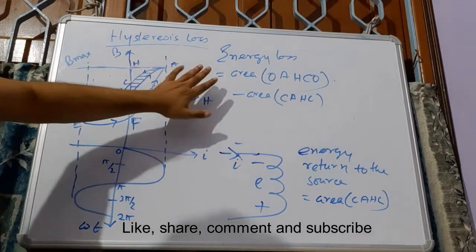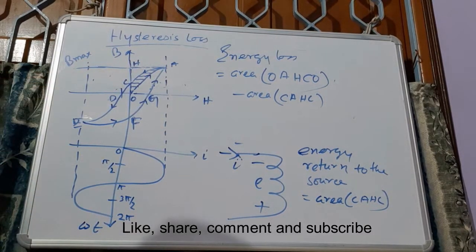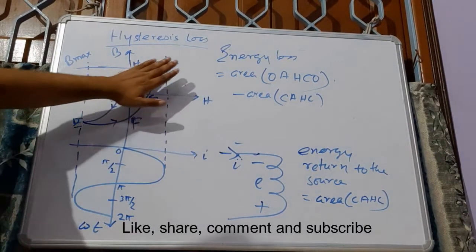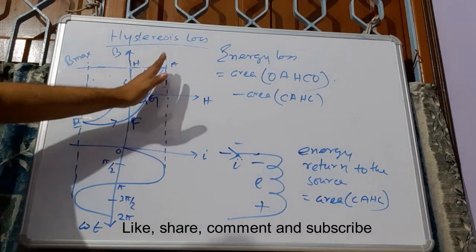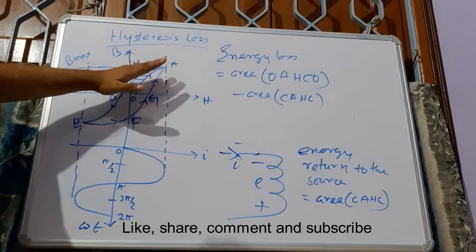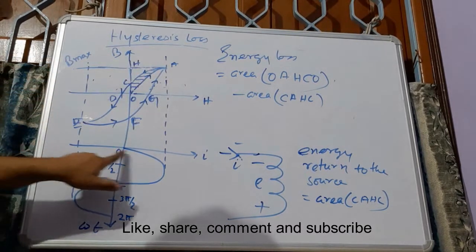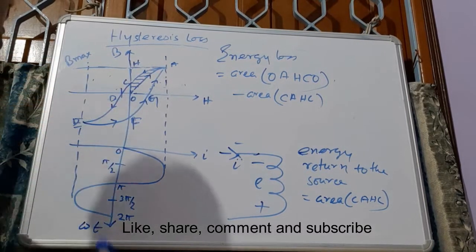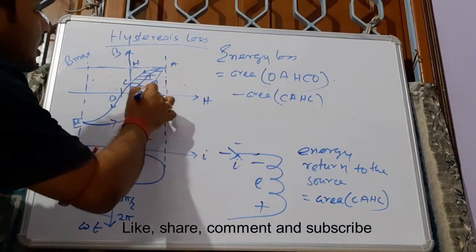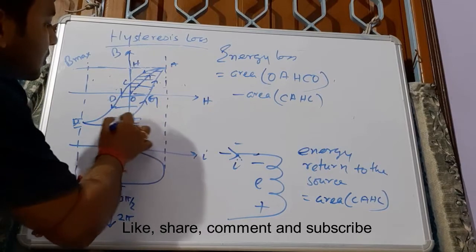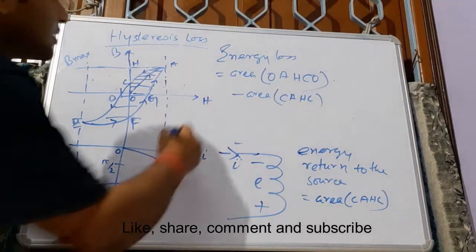Now what will be the hysteresis loss? Hysteresis loss is the total energy, meaning the total area of this hysteresis loop in one cycle. So hysteresis loss is the total area of the hysteresis loop.